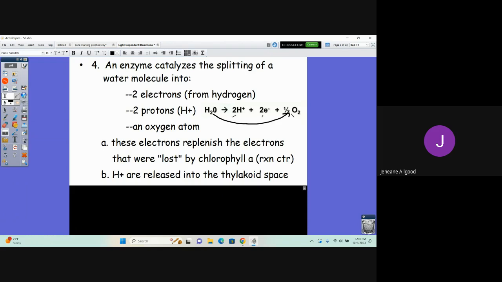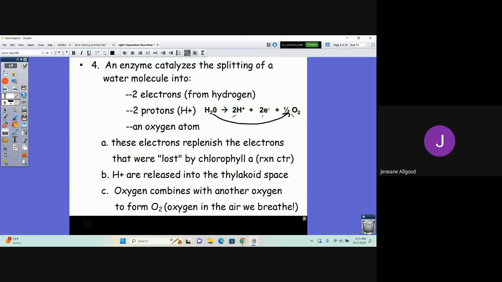And so you'll see a picture in a few minutes that'll definitely drive the point home that this whole process is occurring on or in the thylakoid membrane. So when we release those H pluses, since this is happening in the thylakoid membrane, it just means that the protons are going to be put into that thylakoid space, which is close by. So it's not like it has to travel far to get there.